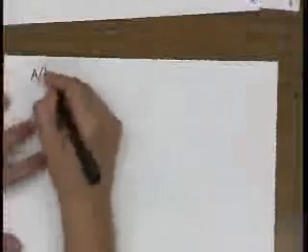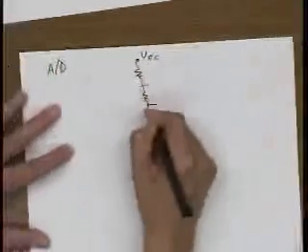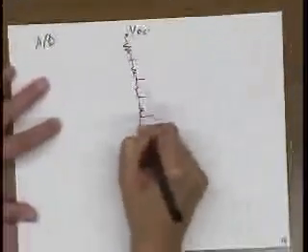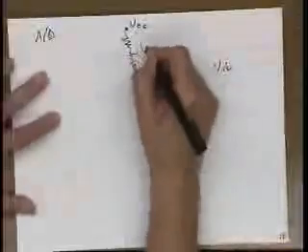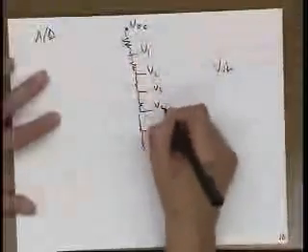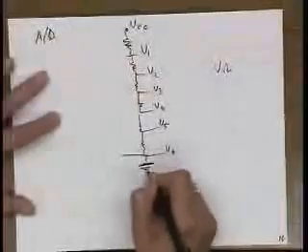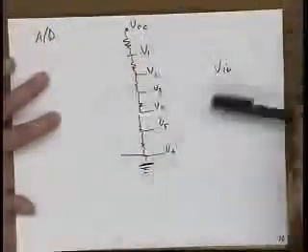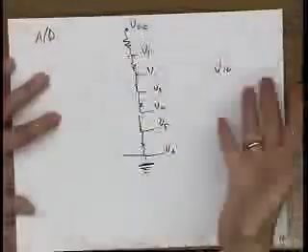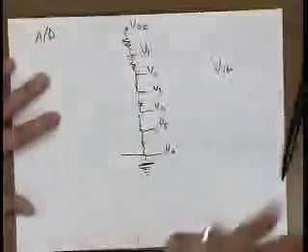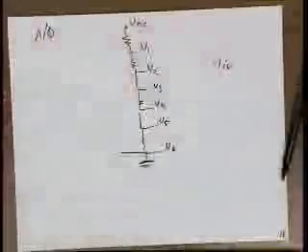So the way A to D works is you have VCC, and then you have resistive networks, so there's a voltage incoming, and there's a bunch of reference voltages here that have been generated. And let's say this is the ground. Okay, so you have a bunch of reference voltages. You compare your voltage against these in order to figure out what value this voltage is, and therefore how many bits. If you had eight voltages, you compare them, and you come up with a 3-bit representation of this voltage.